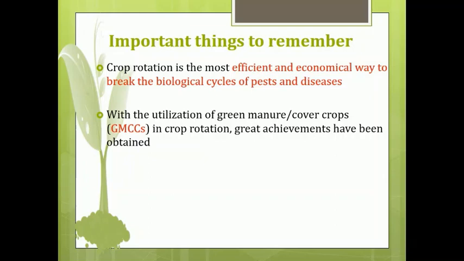With the utilization of green manuring or cover crops in crop rotation, great achievements have been obtained in the maintenance and increase of agricultural production in several countries, facilitating the diffusion and adoption of conservation agriculture on small, medium and large farms. Thank you.